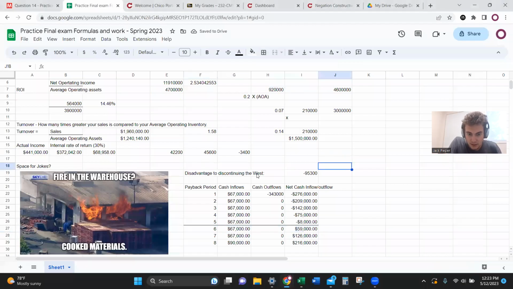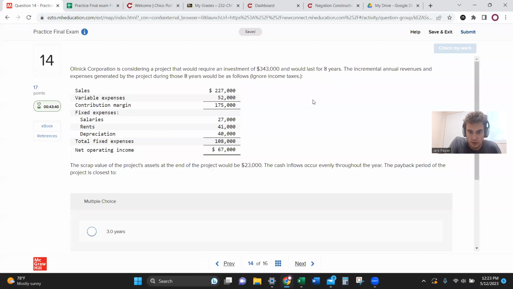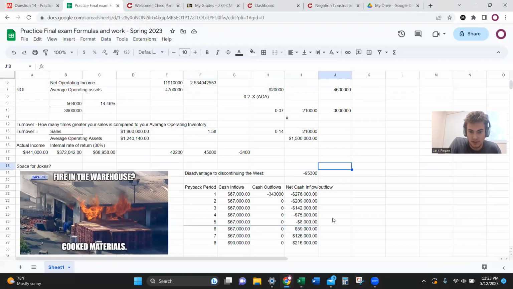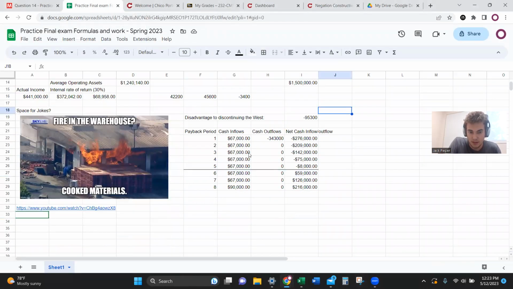Okay, so I'm back. We're going over the problem again. It's $343,000 for 8 years, and we get $23,000 back at the end. We also get $67,000 every year annually for those 8 years. So the payback period is literally just going to be our cash inflows minus our cash outflows, right? So we're going to net them together. Basically, the payback period is just saying how long it's going to take for us to pay it back using the projected cash inflows.